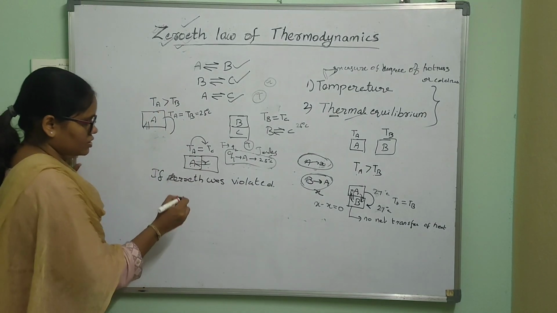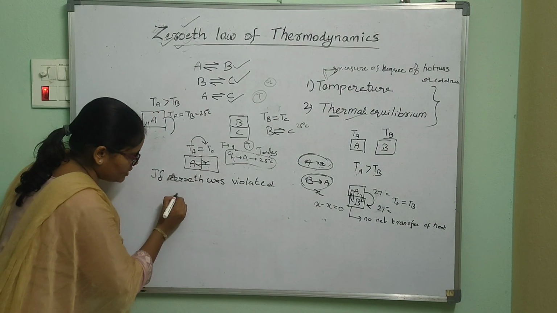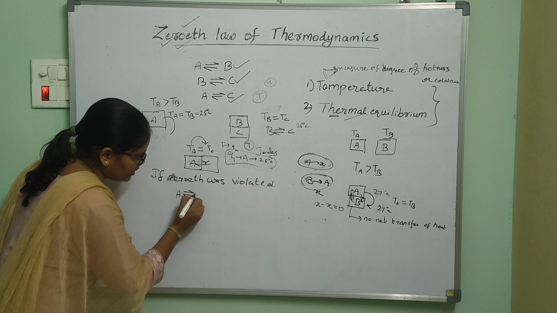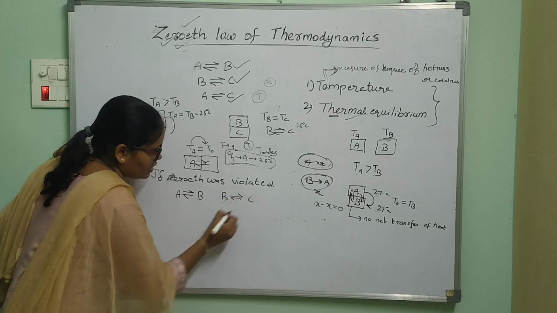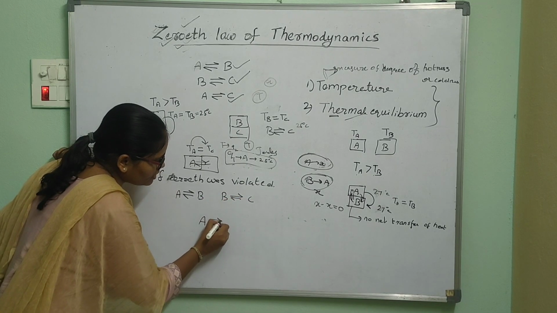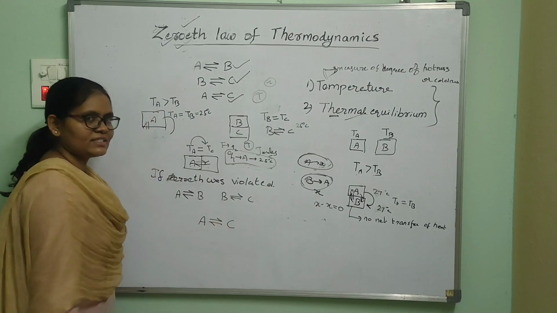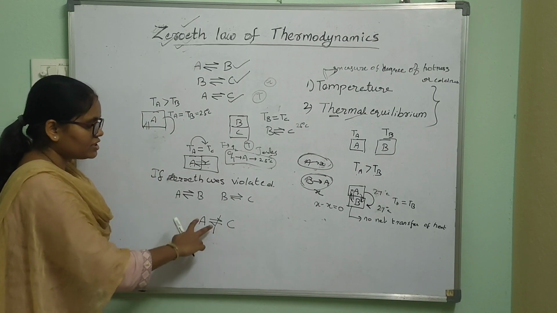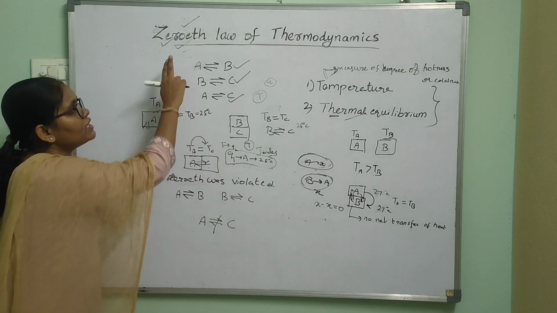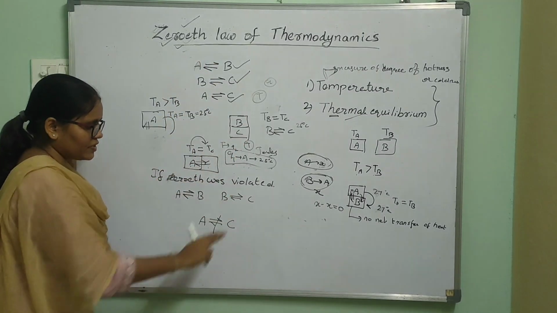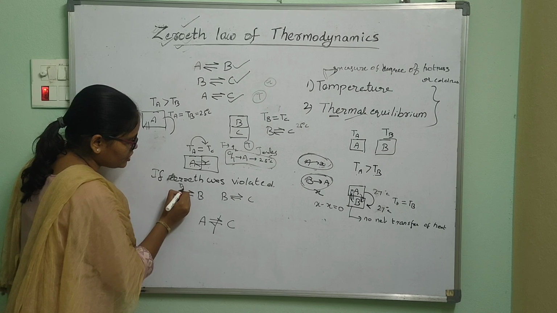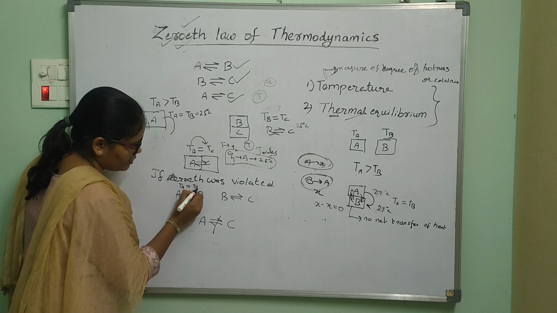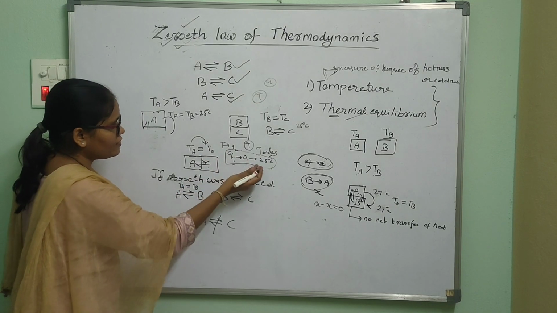Let us see. If the zeroth law was violated, even if there was equilibrium between A and B, and B and C, even then there would be no thermal equilibrium between A and C. So this would have happened when nature did not obey the zeroth law. So what does this mean? Here we know that the temperature of A is equal to the temperature of B, which we saw as 25 degrees centigrade.